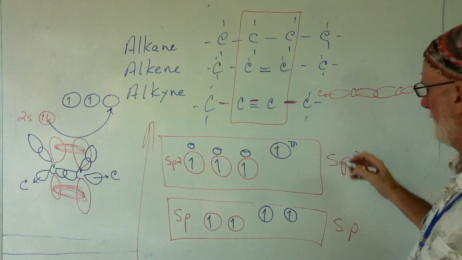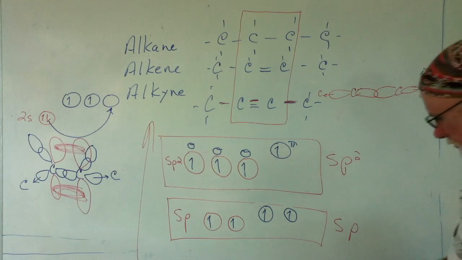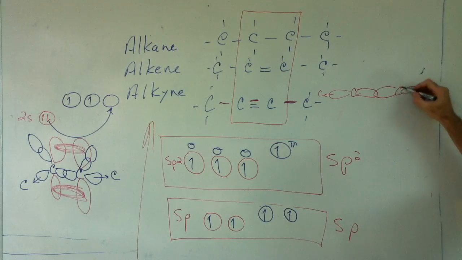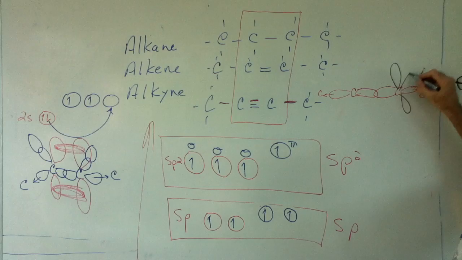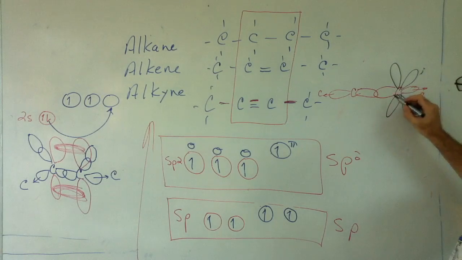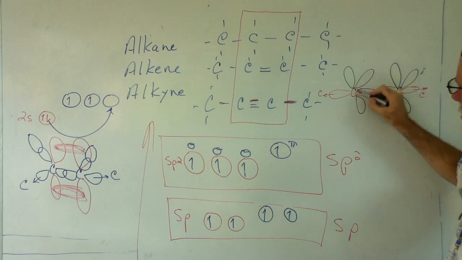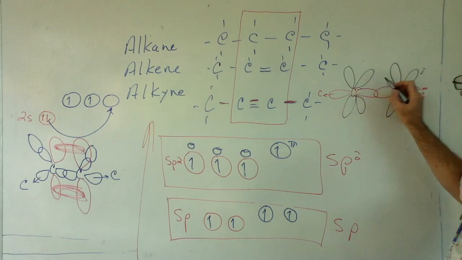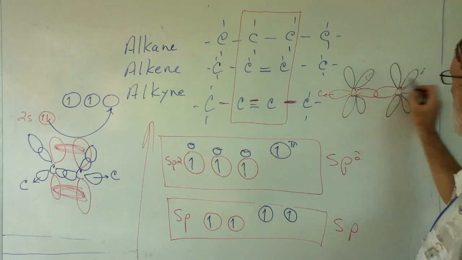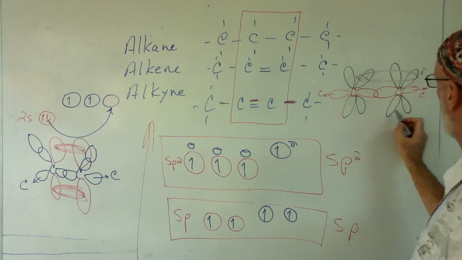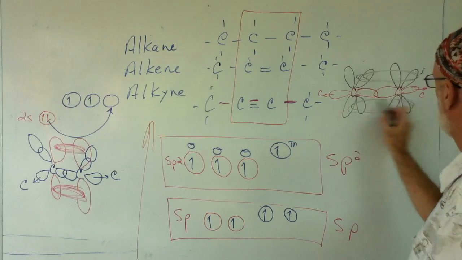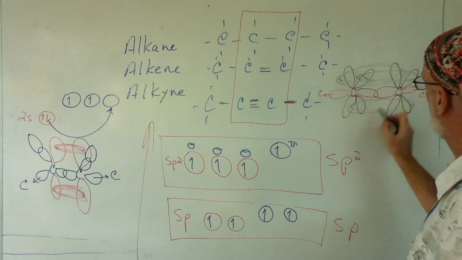So you can make it like this. Let's put it at an angle maybe. And then you have this. The ones at angles overlap, and then these overlap.